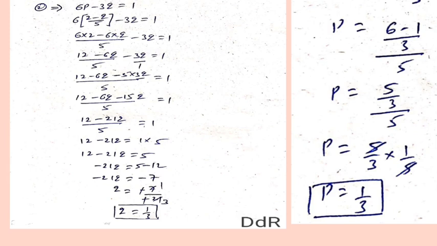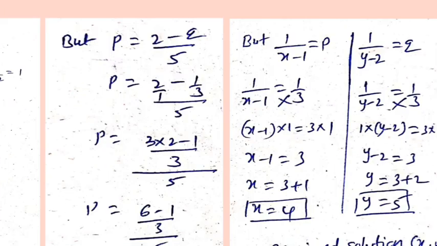So now let us find the p value, the other variable. To get the p value, substitute this q value in the box. The p value is 2 minus q by 5. So 2 minus q value 1 by 3, all by 5. Take the LCM; 1 comma 3, LCM is 3.